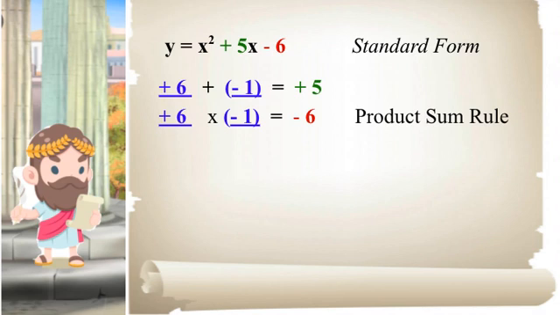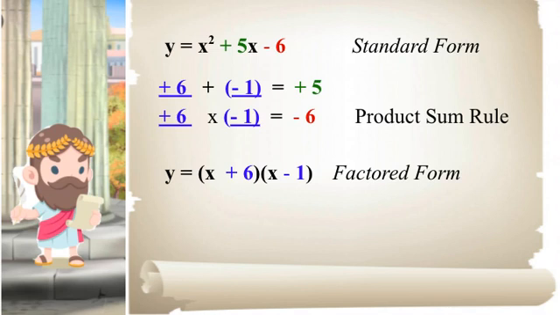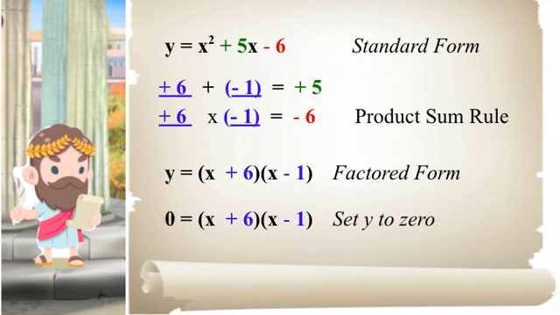Now, we insert these numbers into our factored form format seen here, and find the x-intercepts by setting y equal to 0. Can you finish this problem and solve for x? That's right, -6 and +1 are correct. I had a great time practicing these math skills with you, and I hope to see you back here soon.